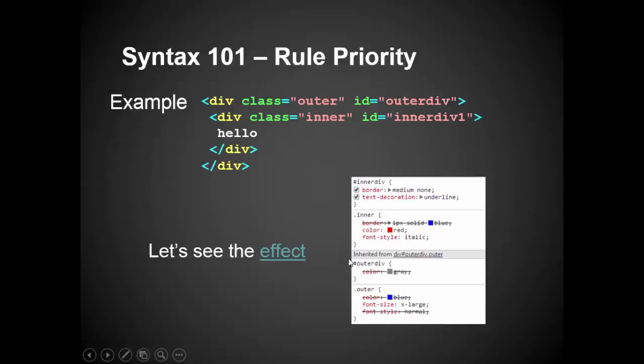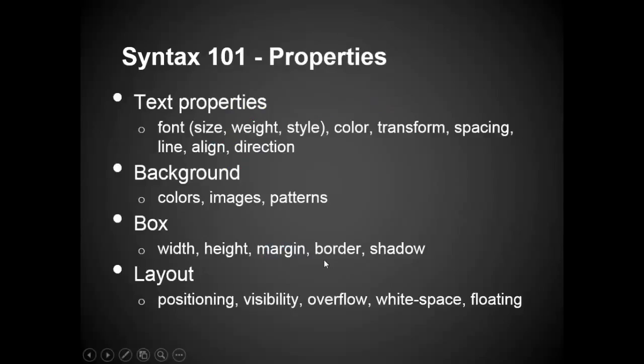Okay, so in terms of properties, CSS has tons of properties. So you have properties to change the text, such as the font or the color, or even transforming the text and spacing, alignment, direction. In terms of background, we can change colors, add patterns, add images, and so on.